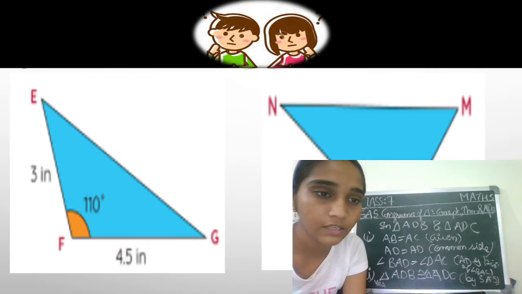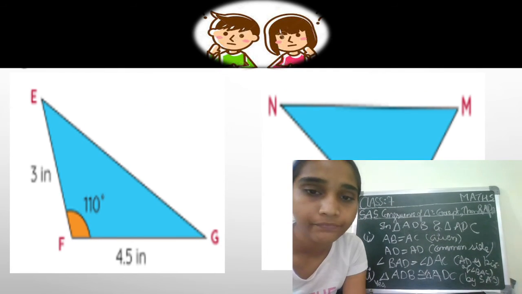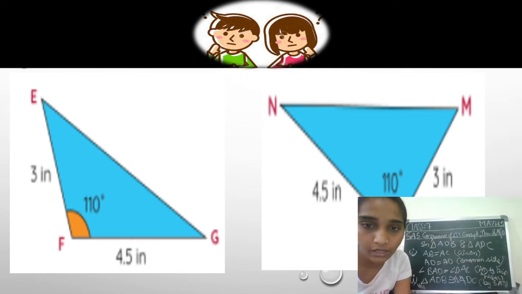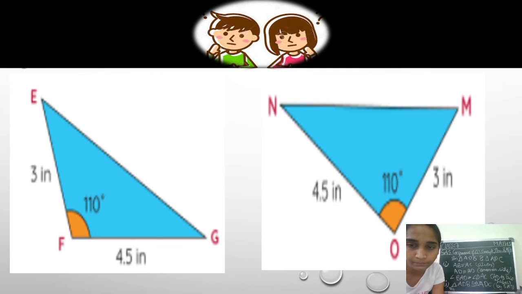Now students, let us move ahead and tell me whether these two triangles shown are congruent or not, and if they are, then by which rule? Very good.